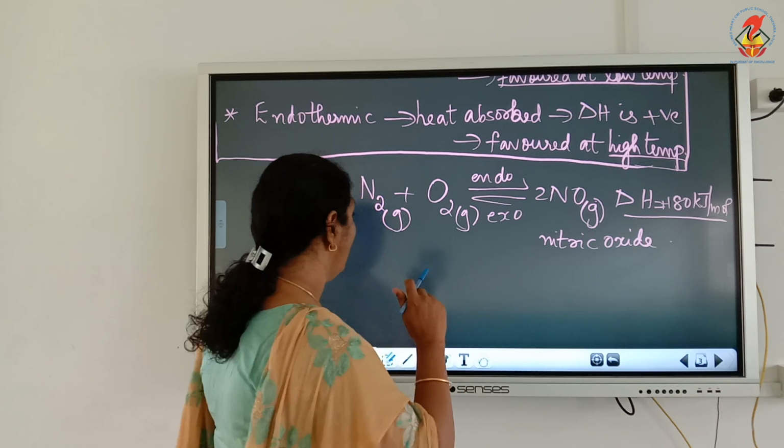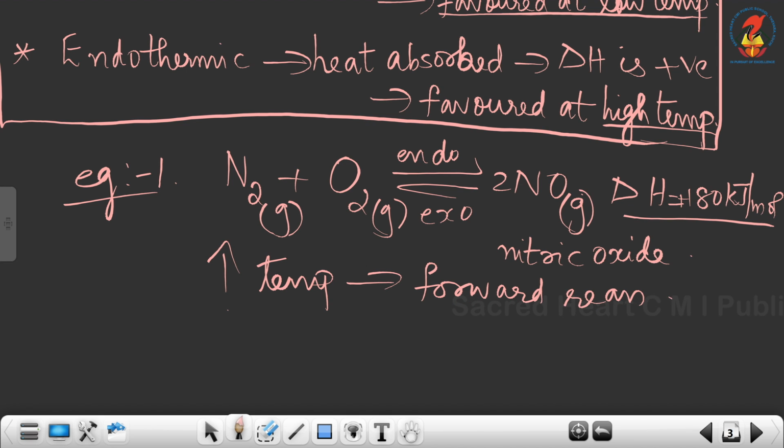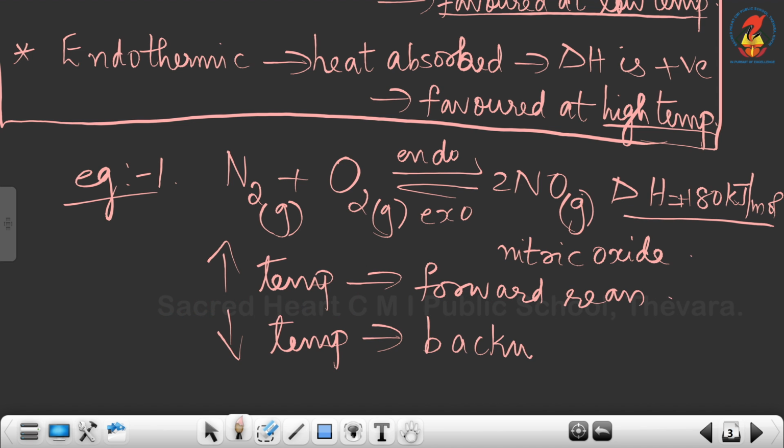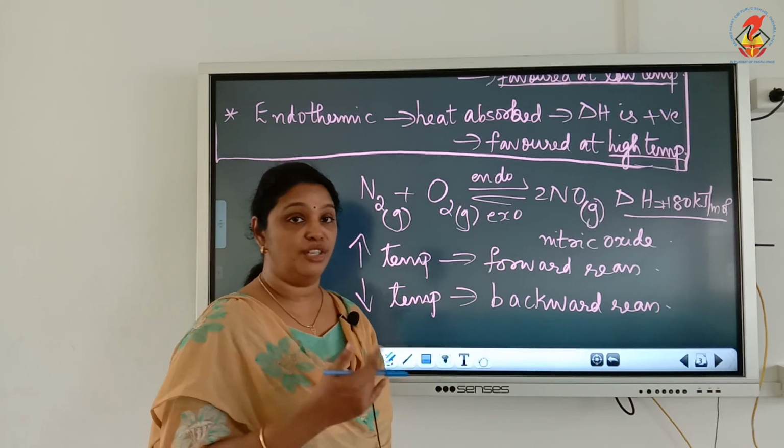Increased temperature results in forward reaction because the forward reaction is endothermic. If we decrease the temperature, the backward reaction takes place, because exothermic reactions take place at low temperature and the backward reaction is exothermic.